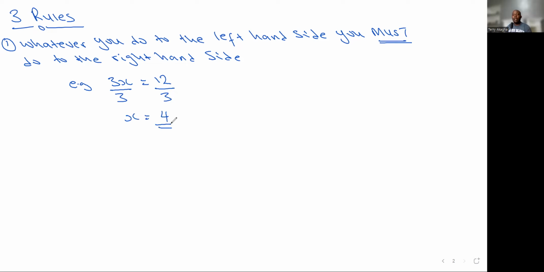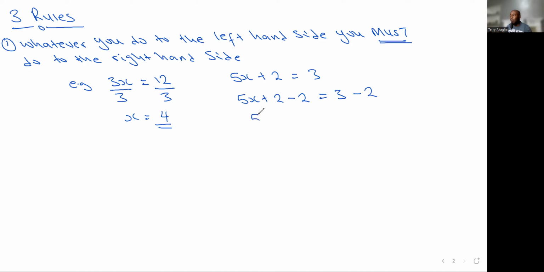4. All right? Or if I have 5x plus 2 is equal to 3, what I do is add -2 to the left-hand side and also -2 to the right-hand side. So we'll have 5x plus 2 minus 2, and also 3 minus 2. Are you seeing it? So whatever you do to the left-hand side, you do to the right-hand side.